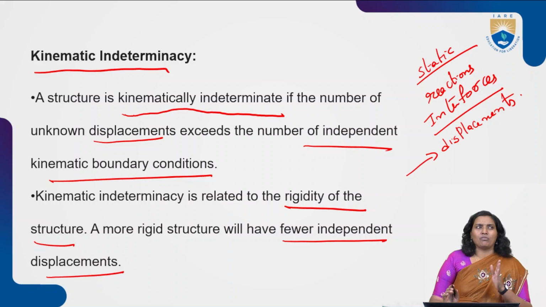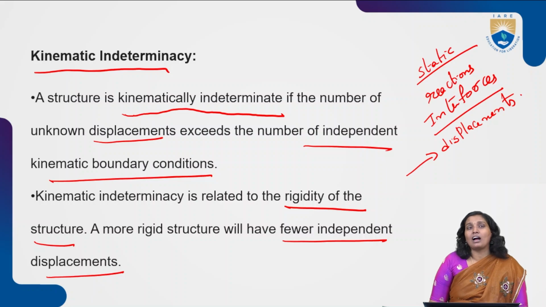Whenever the known parameters are not enough to identify the unknowns present in any structural element at the time of analysis, such structures are known as indeterminate structures.